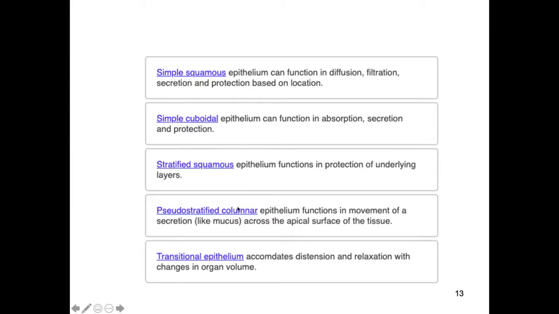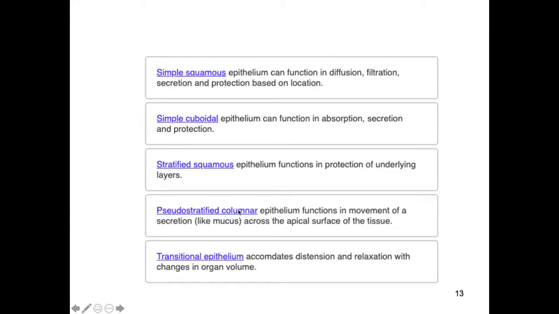Pseudostratified columnar. Well, this is the one that sometimes has cilia on it, and this is important for movement of secretions like mucus across the apex or the apical surface of the tissue. So this means that, let's say we were talking about the trachea, where we have pseudostratified columnar.